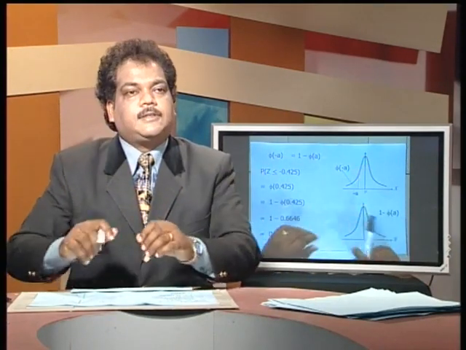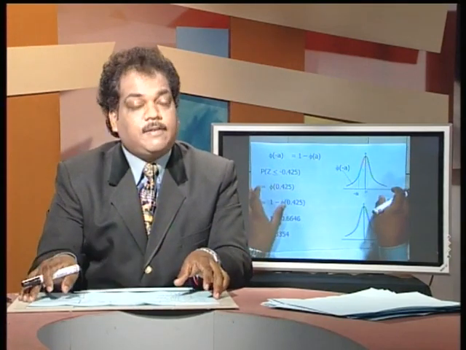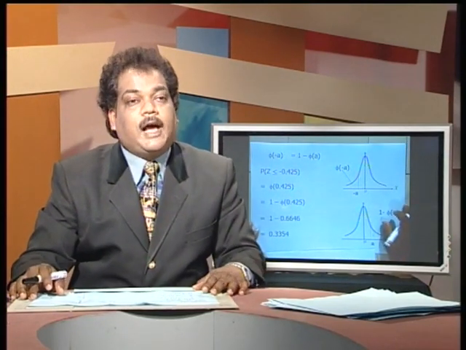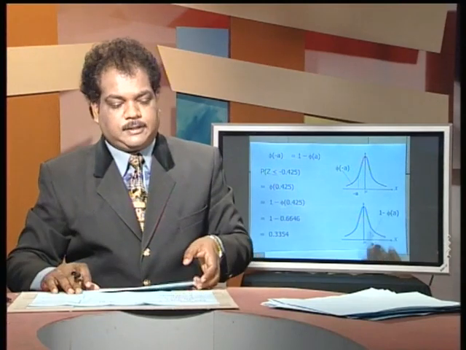As we have said, the negative values of z are not available on the statistical table, which means that we'll have to find another formula in order to calculate phi of negative values. So let us see.